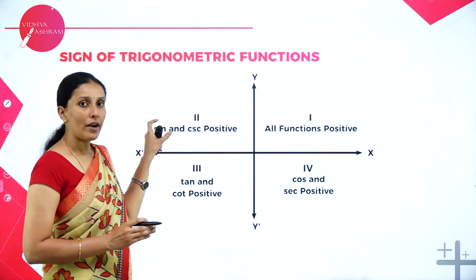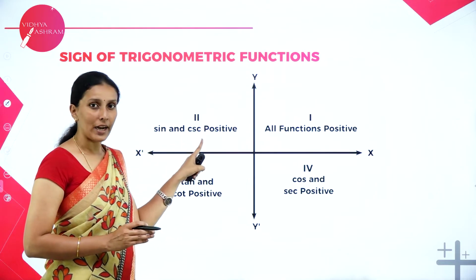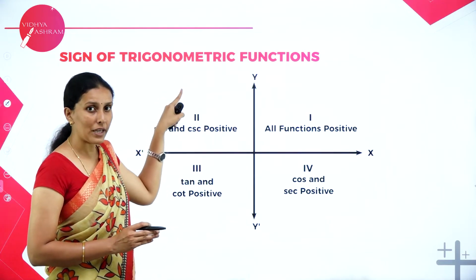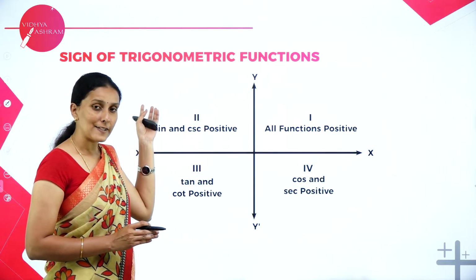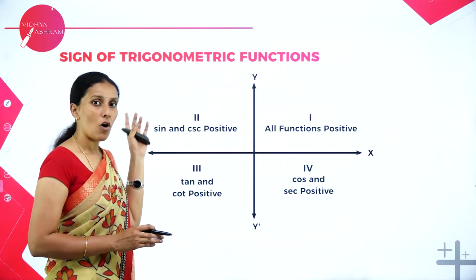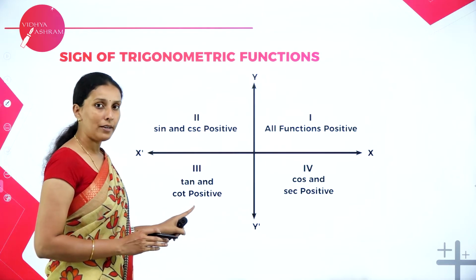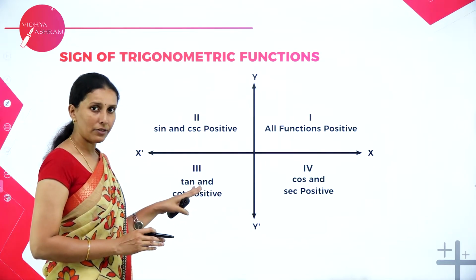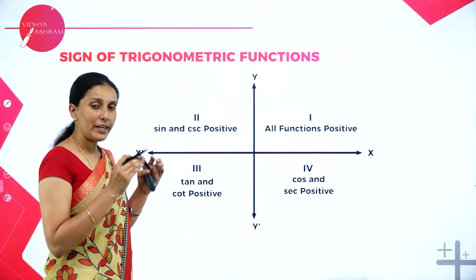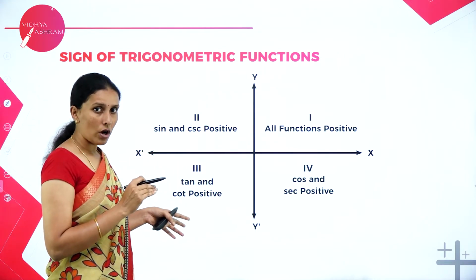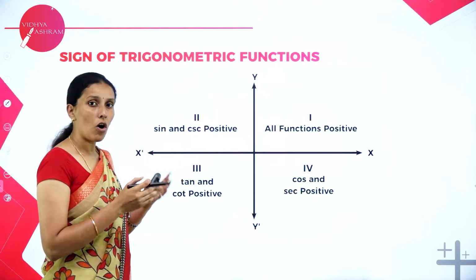In the second quadrant, only sine and cosecant are positive because the value of B is positive, the value of A is negative. Since A is negative, all other remaining functions are negative. In the third quadrant, cos and sine both are negative. So therefore, the ratios containing cos and sine are tan and cot; except tan and cot, all are negative.